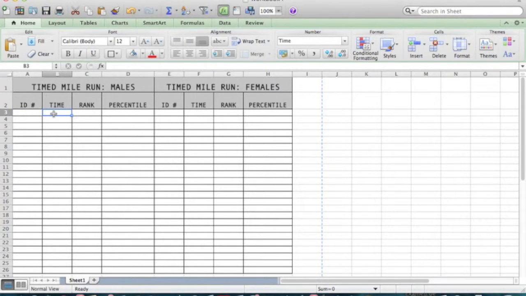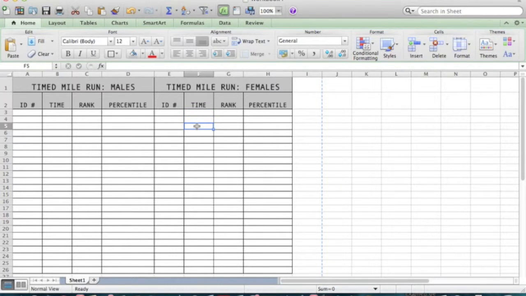And once we have collected all the data, I can go ahead and see what students are ranked and just put them accordingly. And then on the right side, you guys can also see what percentile and see who falls into the top 10%. And the same thing with the females. Just going to do the same thing. Log in, put your ID numbers, and then put your time.